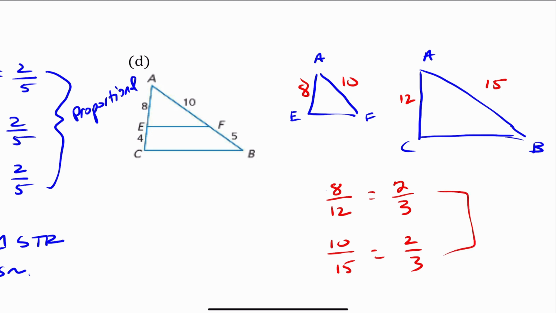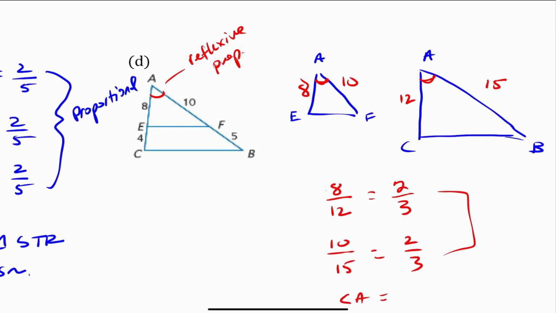So these sides are proportional. But what did I leave off? Well, notice that this triangle within this big triangle, they both share an angle A. This is what we call the reflexive property. So that means that this angle here and this angle here are congruent.